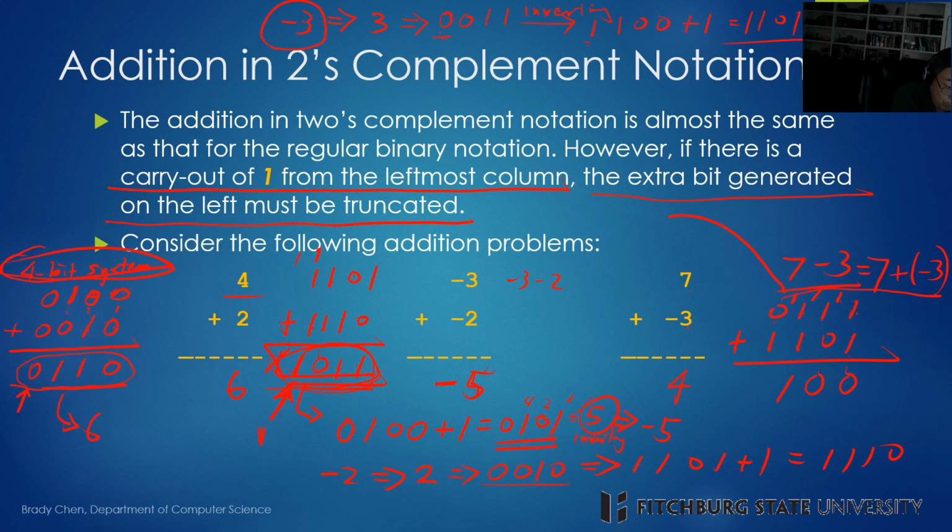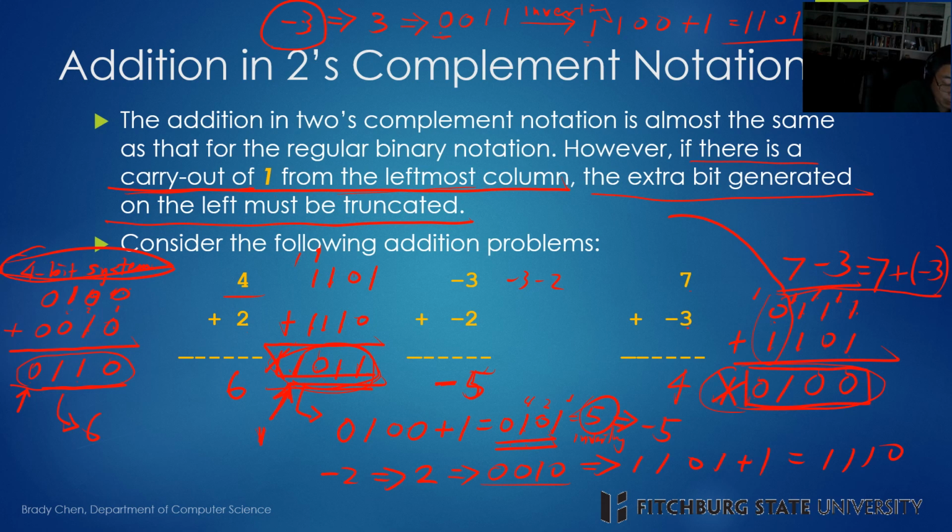So 1 plus 1 is 0, carry 1 over. Okay, so that's the result. Again, we see that in this case, there's a carry out of 1 from the leftmost column. So the extra 1 will be truncated. So the result is just this.